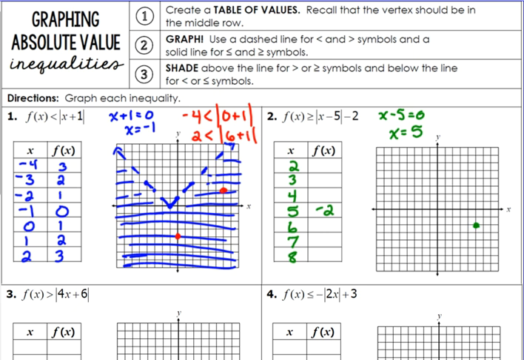When we plug in 6, we get 1 minus 2, -1. Plug in 7, 2 minus 2 is 0. Plug in 8, 3 minus 2 is 1. We've got symmetry, so I can fill in the other side. -1, 0, 1. Okay, this one does have the equal to, so we can just fill this in like we normally do with a solid line.